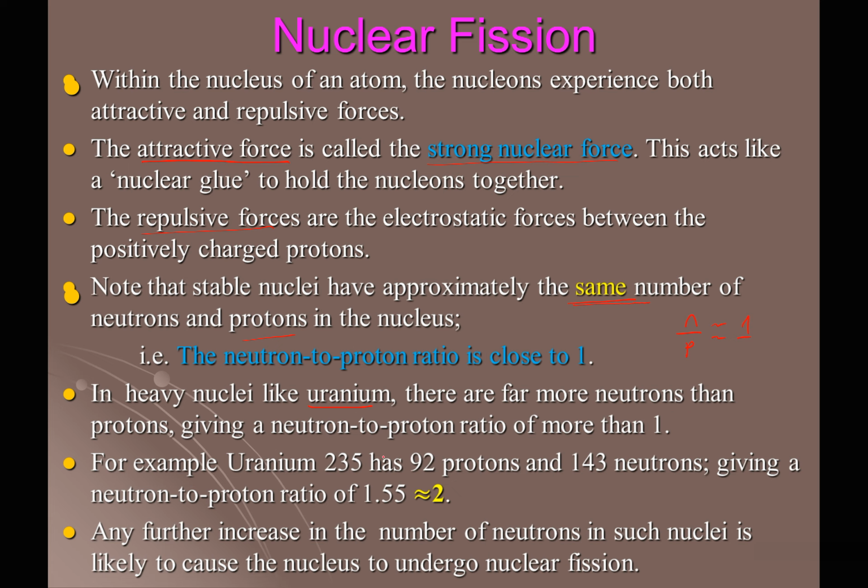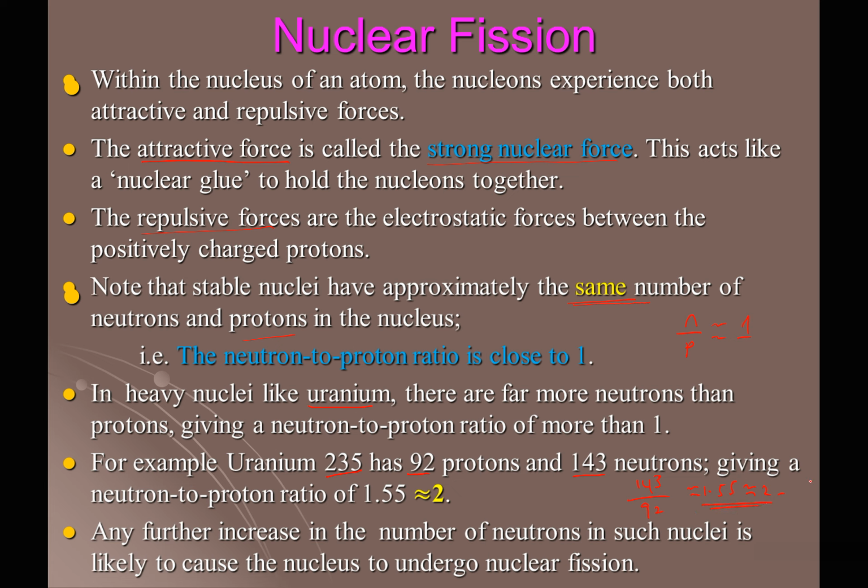Uranium-235 has 235 nucleons, which means there are 143 neutrons, and it also has 92 protons. So the ratio of neutrons to protons is 143 divided by 92, which is approximately 1.55, so it is not close to 1. It means this is unstable.